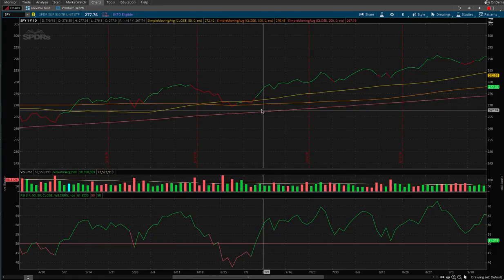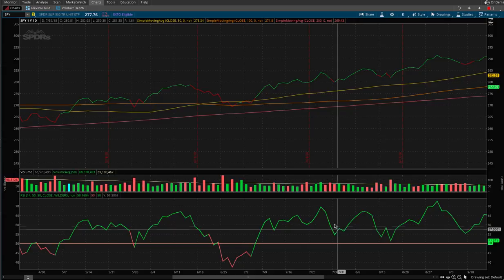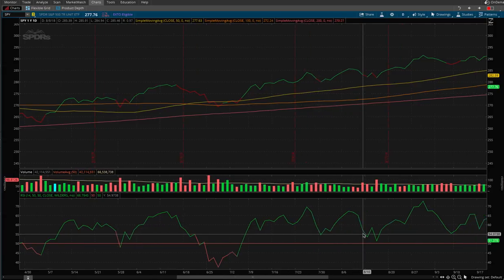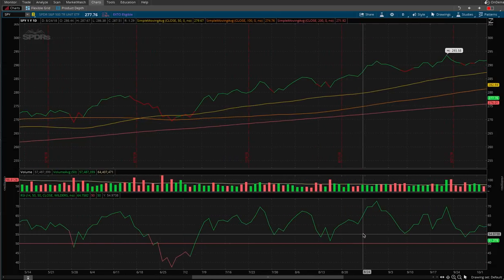We want the line graph of the stock to be very similar to the RSI. This is how we can find the divergences.